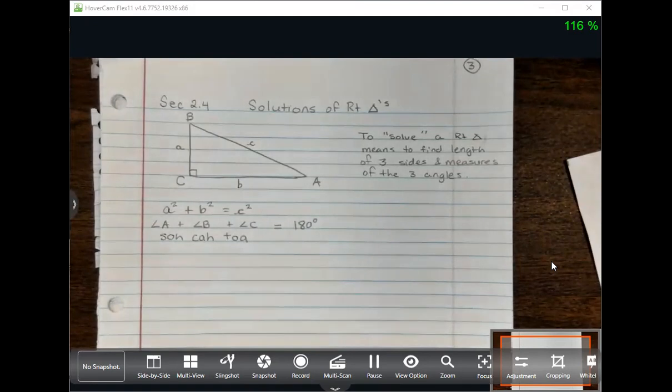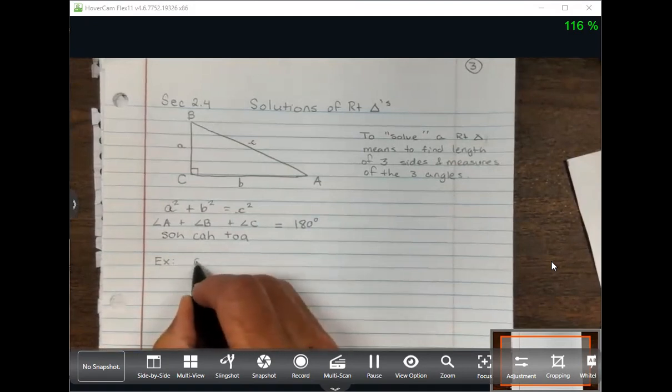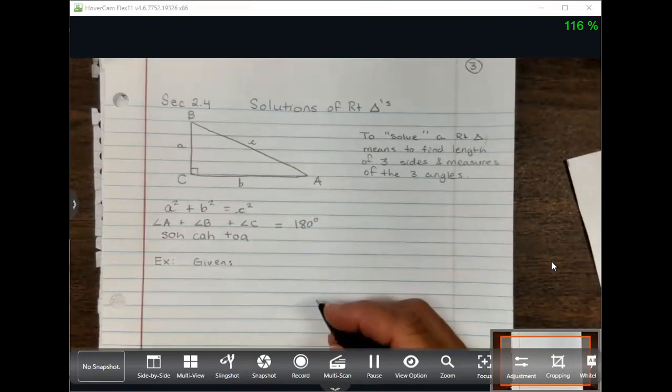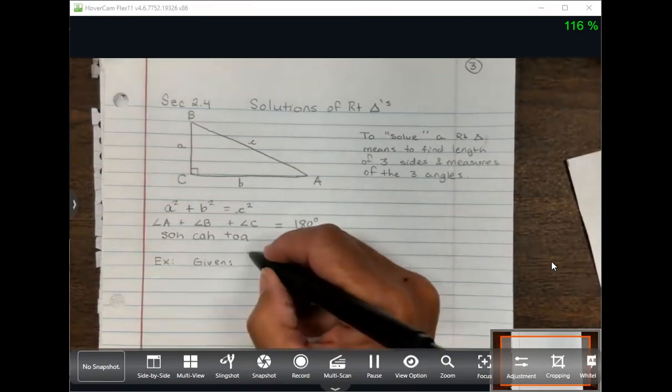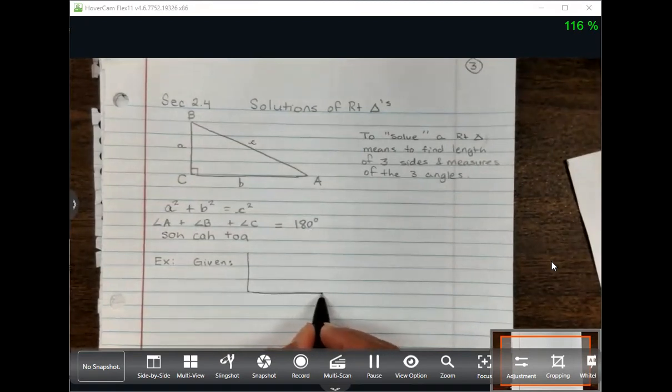So here's a mini example. Given this triangle here, where I give you the hypotenuse length of 17.6 inches.